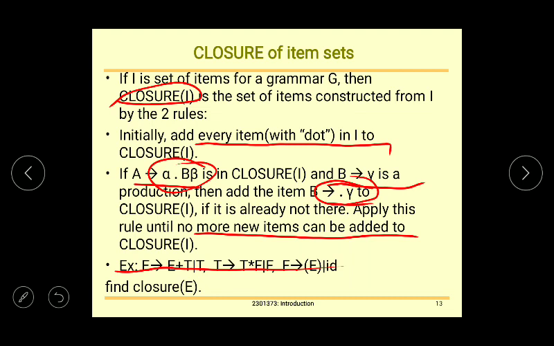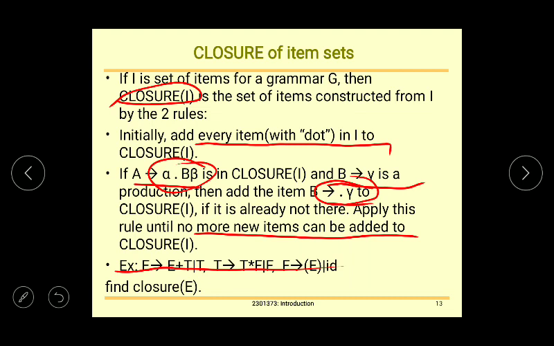That means deciding exactly when the right hand side has to be reduced by the left hand side. That is, when the right hand side contains only one production, then only it has to be reduced to the start symbol. So how can it be converted into augmented grammar?